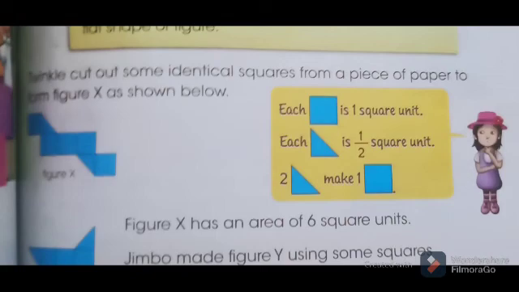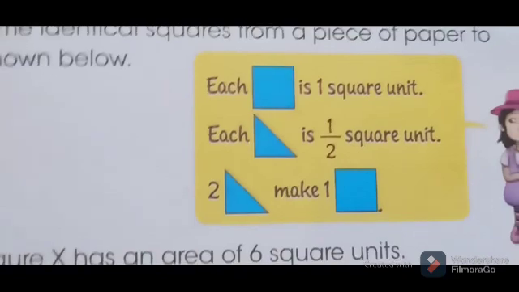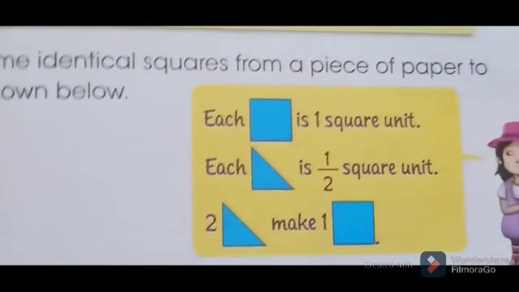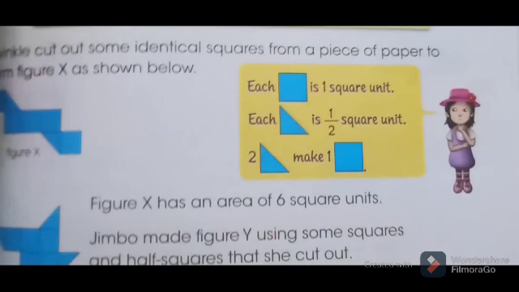Twinkle cut out some identical squares from a piece of paper to form figure X as shown below. Dear students, each square is 1 square unit. Each half is 1/2 square unit. And you know, 2 halves make 1 whole.